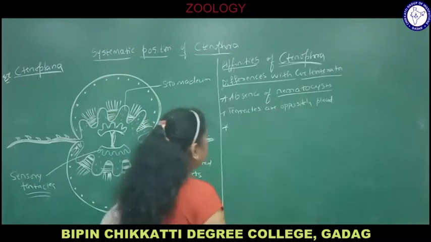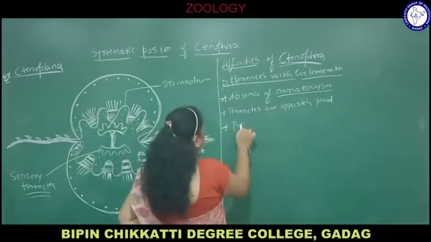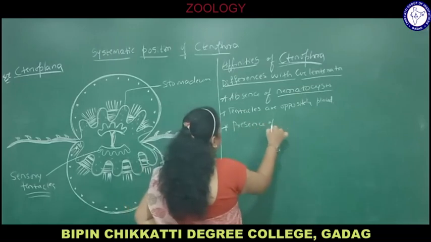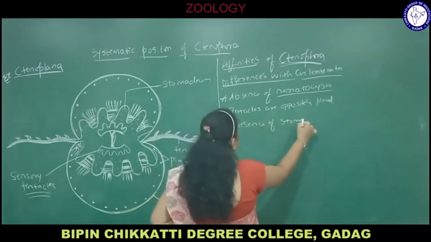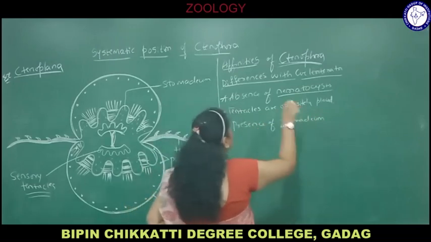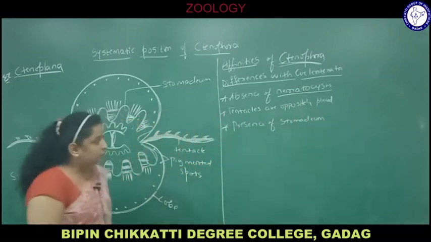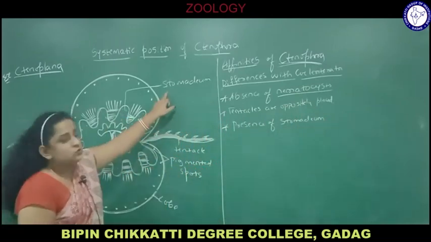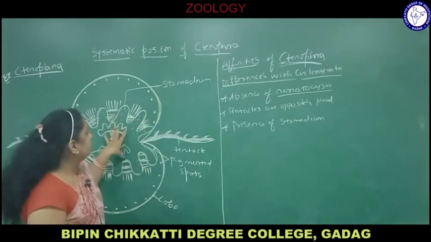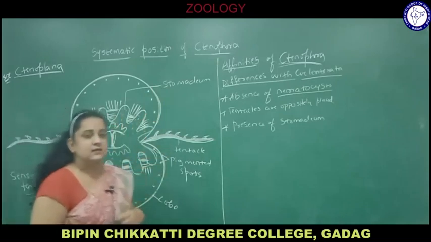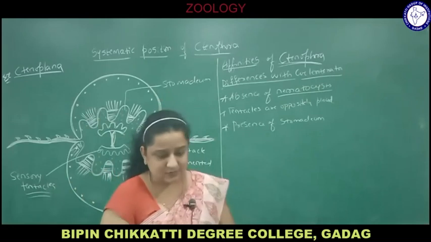Presence of stomatium. Stomatium is present only in Ctenophores, but not in Cnidarians or Coelenterata.